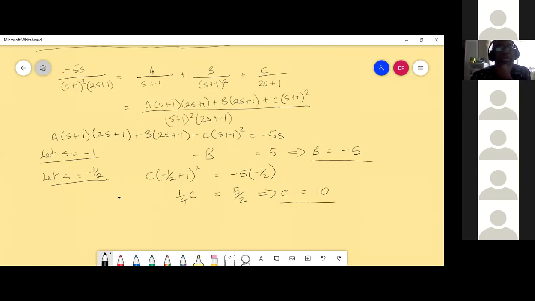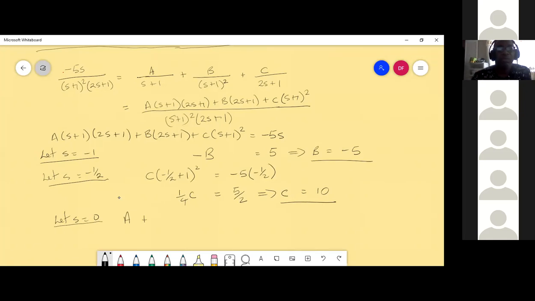So to find A now, I am going to let s equal 0. So I want the plus 1 for the C, after you square the negative half and get the quarter.